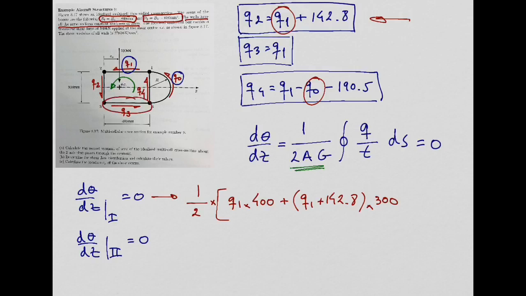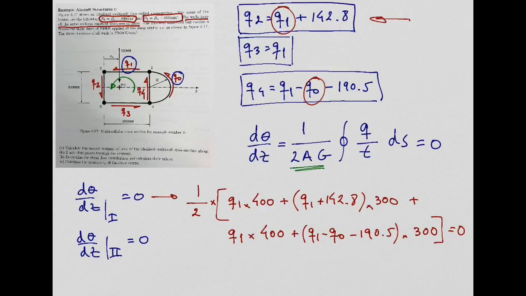Now, this wall here in the bottom, where we have Q3: Q3 is equal to Q1, so I can put Q1 times the length of that wall, which is 400 millimeters, yeah? And the last wall is this vertical wall, where we have Q4, but Q4 is equal to Q1 minus Q0 minus 190.5, and the length of that wall is 300. This should be equal to 0. Yeah?